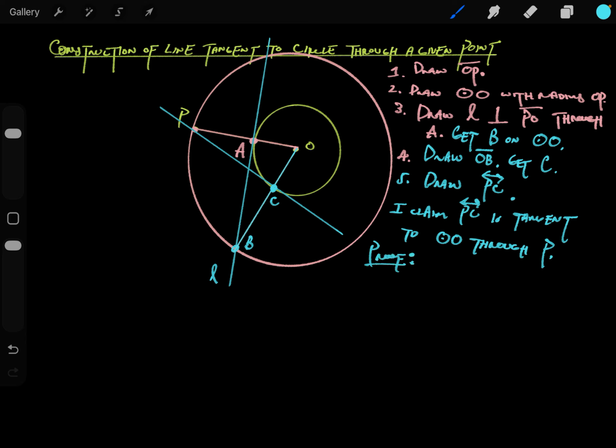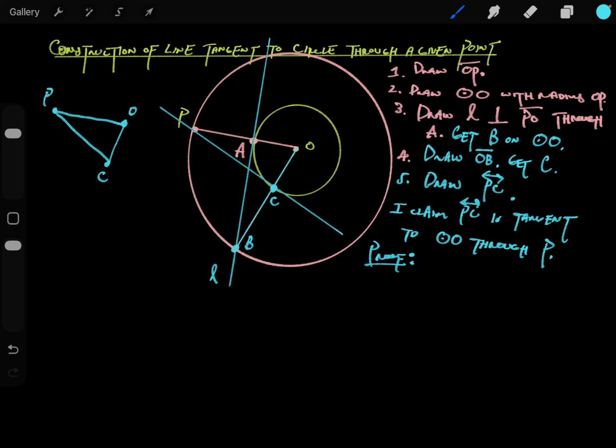So the first thing we want to say is, what is it that we have? Look at these two triangles, and it helps if you, of course, pull out these two triangles. So let's look at triangle POC. So this is POC, if you look at it right here.